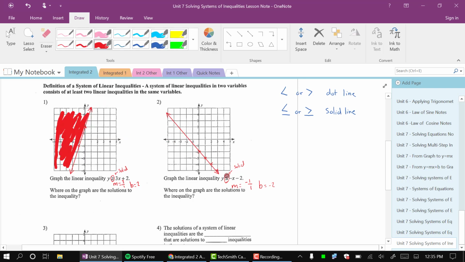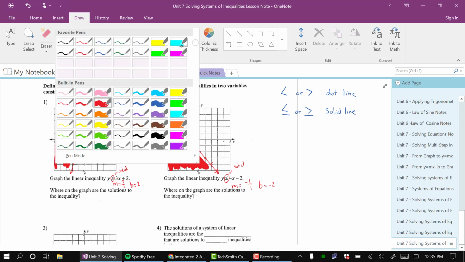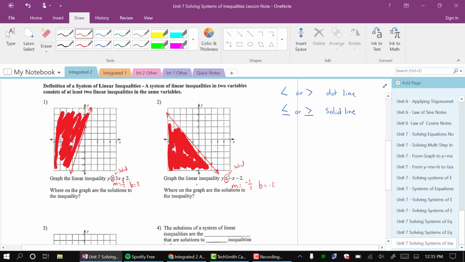So I want values that are going to make it less than. When I make it less than, it's going to be all this space down here. And then how do I know that? Well, if I pick a point from there and plug it in, it'll give me what I want. So let's pick a point from there. -2 is my x, -1 is my y.